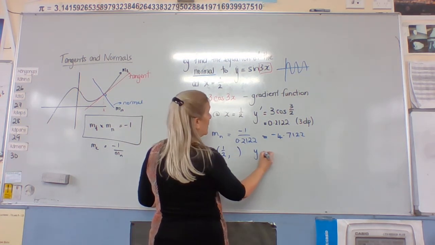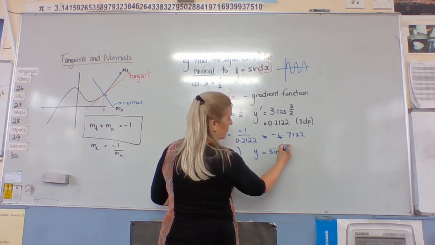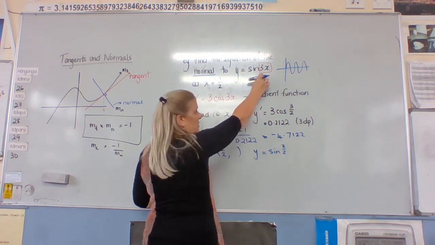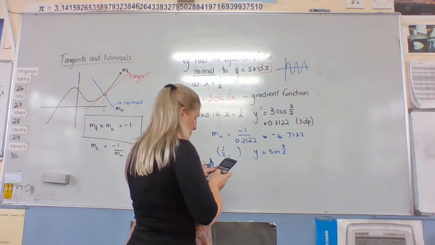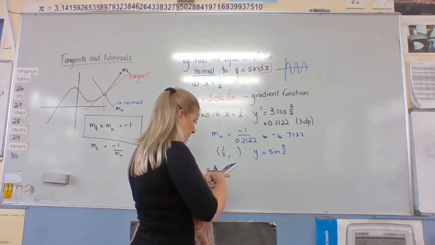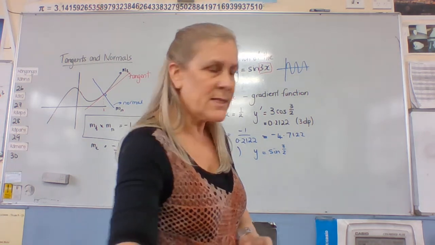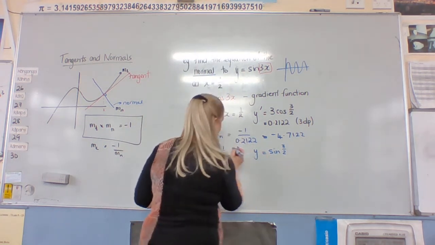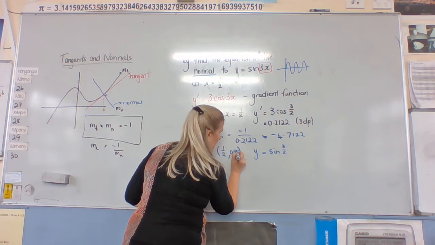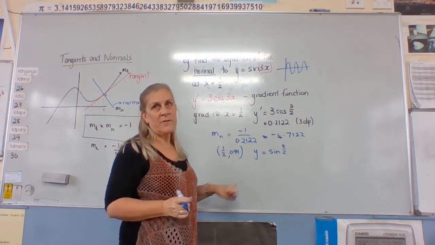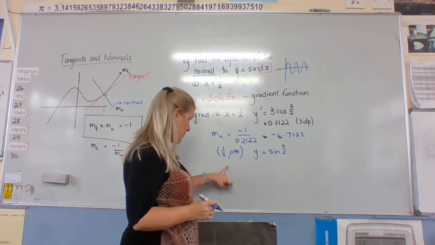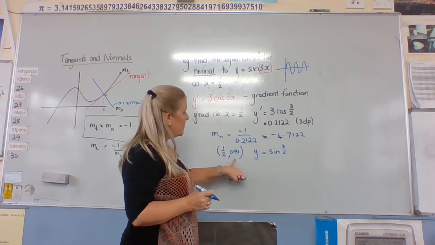So y equals sine 3 over 2. So I'm substituting in here. So again, pick up my calculator, put sine 1.5, and 0.99749. 0.99 will do, because the next one's a 4. If I rounded it, I would have ended up with 1, but that's all right. So this is my value.